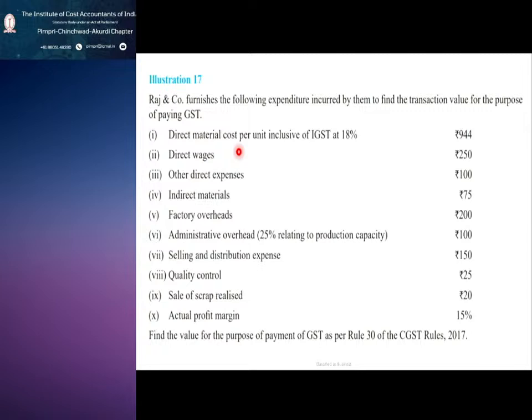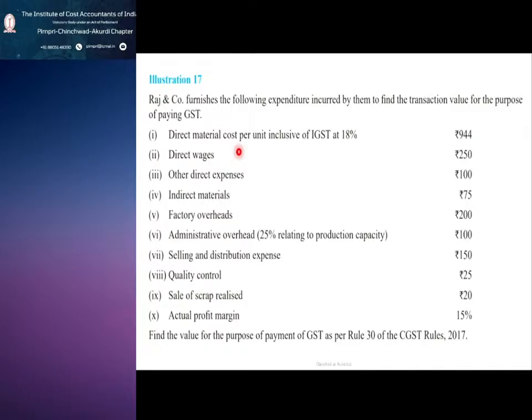If you are not able to find the transaction value of supply, in that scenario you follow this method. Open market value did not work, monetary or non-monetary consideration not working, value of like kind and quality also not working.